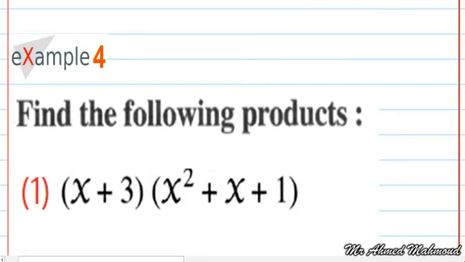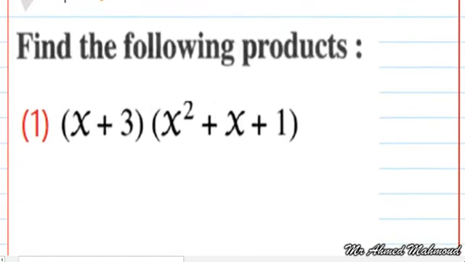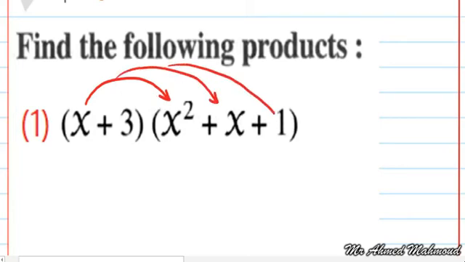Okay, this one is solved by using the distributive property, which was explained in the previous lesson. In this case, we are going to distribute x among the whole bracket, and then 3 among the whole bracket. Step by step with me.